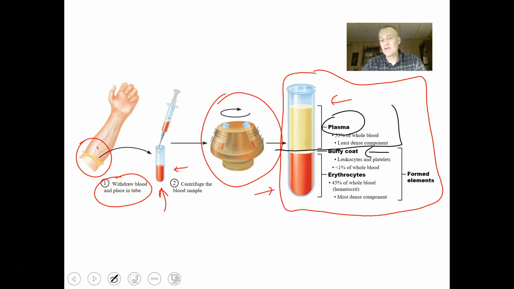The buffy coat is a light-colored layer, and it's made mainly of the leukocytes, which are white blood cells, and also platelets. And then a large component of the spun material is erythrocytes. If you take all of the cellular components, this makes up what we call the hematocrit. And 45% of whole blood, or your hematocrit, is made of cells.